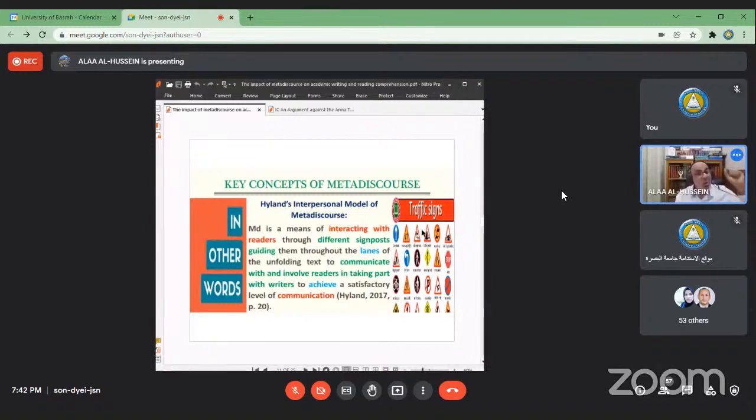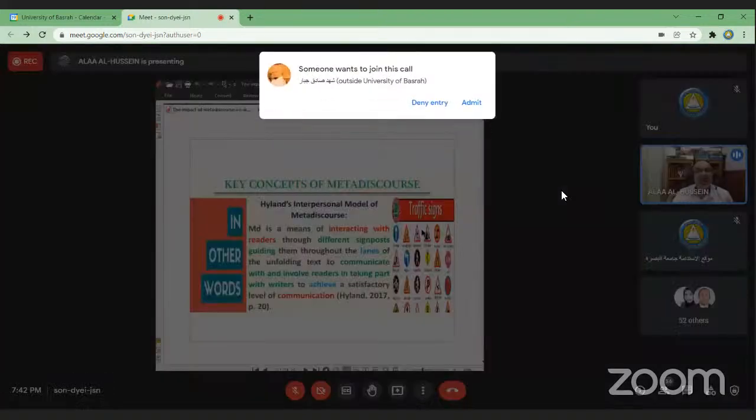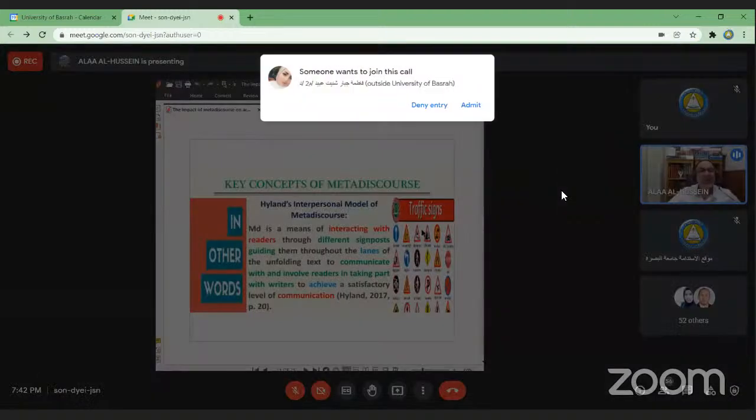What does the writer want them to understand, to get at the end of reading this passage or this text? Okay, to communicate with and involve readers in taking part with writers to achieve a satisfactory level of communication.